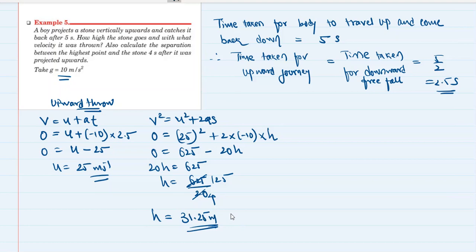Now the last question asks us to calculate the separation between the highest point and the stone 4 seconds after it was projected. So how high will the stone be after 4 seconds of its projection?